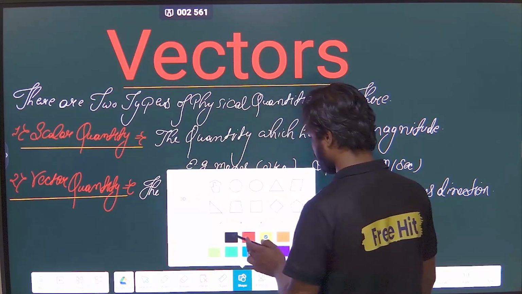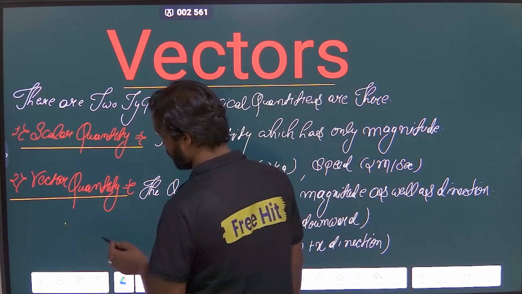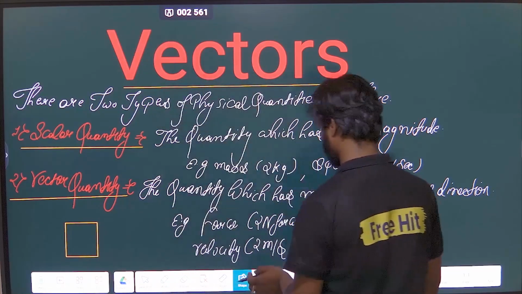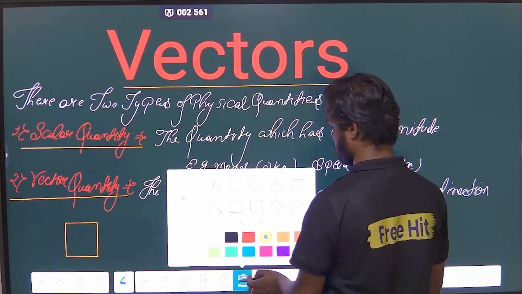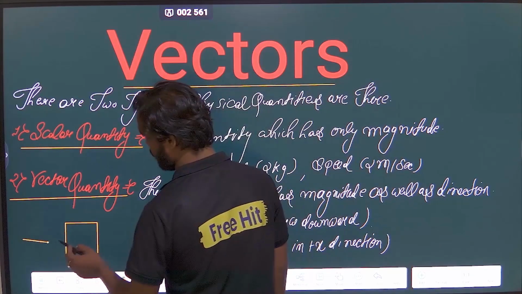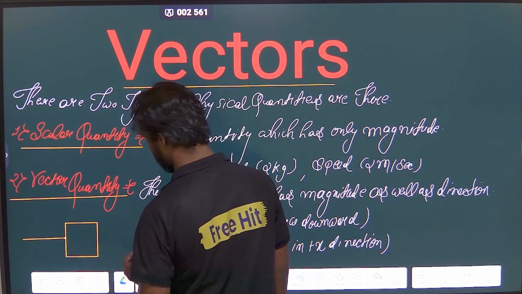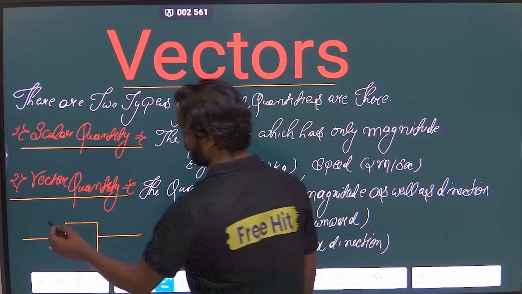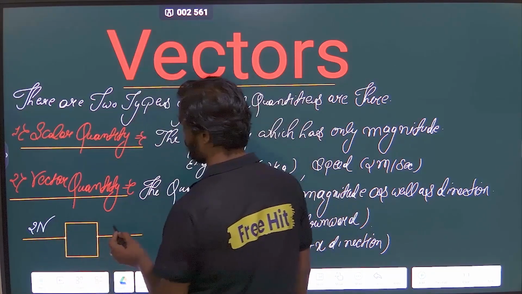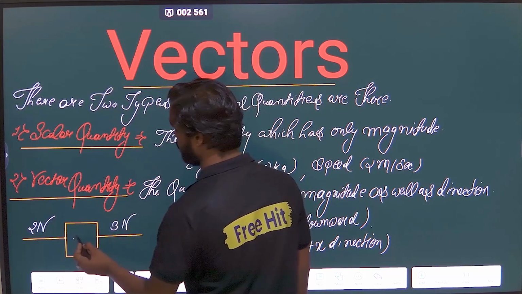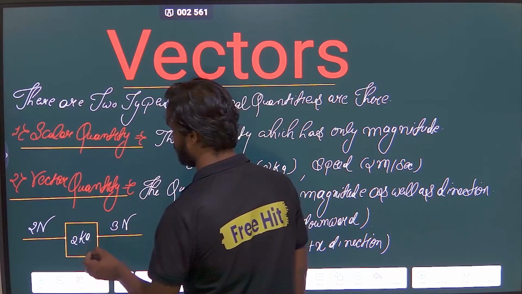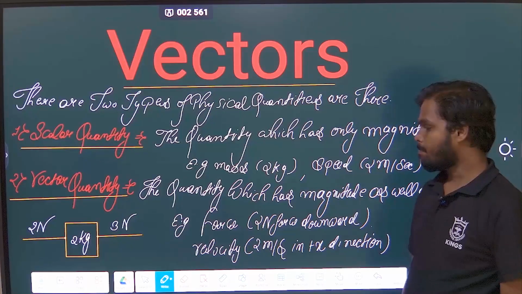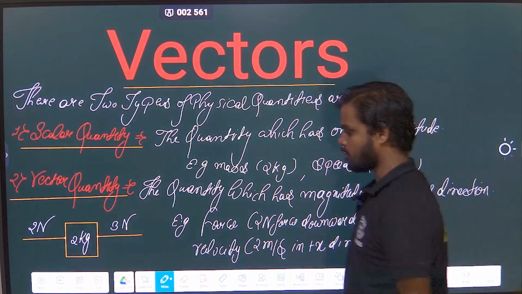Suppose there is a block. Suppose I apply a force in this direction and I apply one force in this direction. Suppose this is 2 Newton of force and this is 3 Newton of force and the mass of the block is 2 kg. Clear?